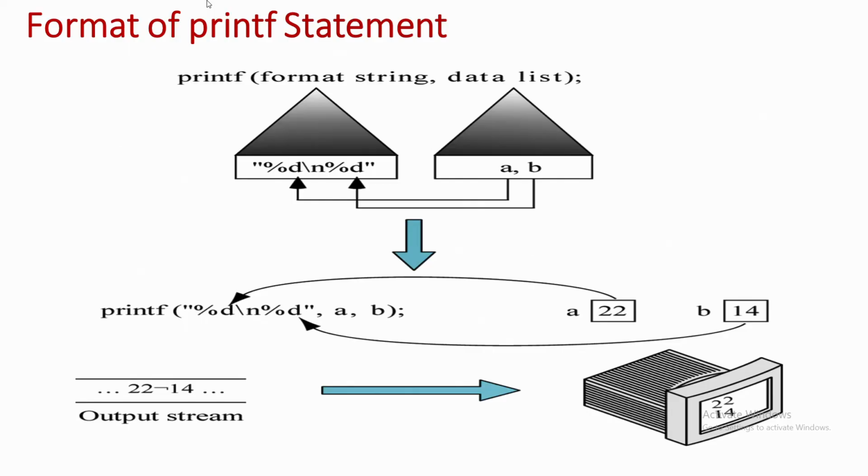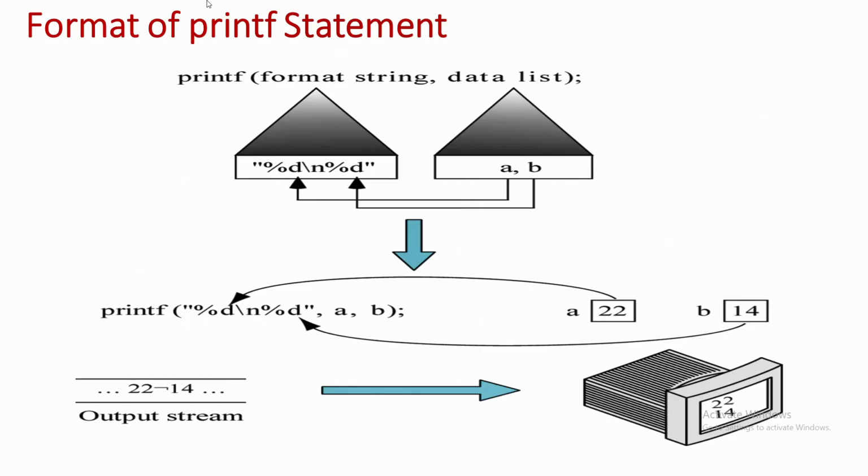int age = 20; float CGPA = 8.75; printf("%d %0.2f", age, CGPA). Here %d displays the integer value of age, %0.2f displays the floating point value of CGPA with two decimal places.